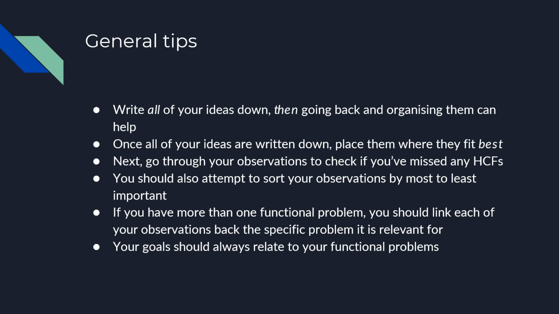Now, if you have more than one functional problem, which is definitely realistic, no one ever just has one thing that they can't do, you should link each of your observations back to that specific problem that it's relevant for. So for example, you might have someone who's having difficulty walking upstairs, which we would consider a lower limb issue, but they also might have difficulty reaching up to hang out the washing, which is an upper limb issue.